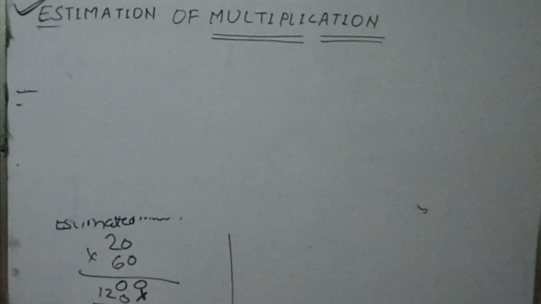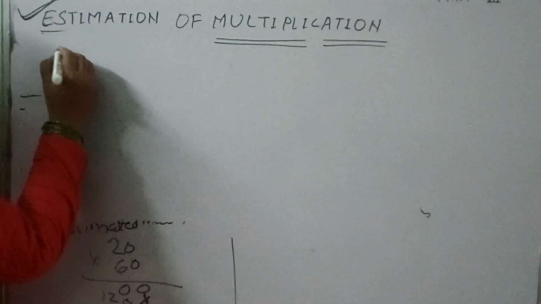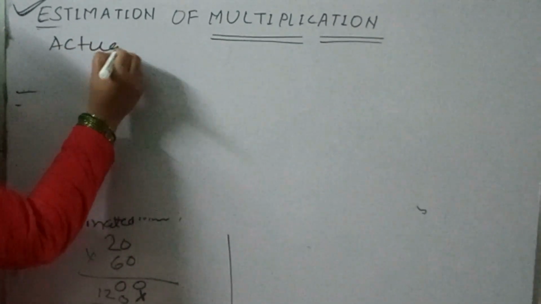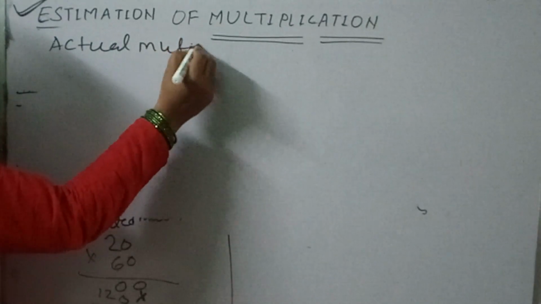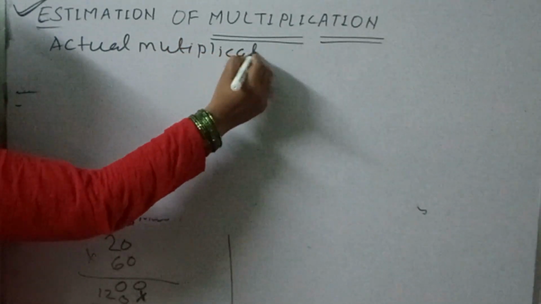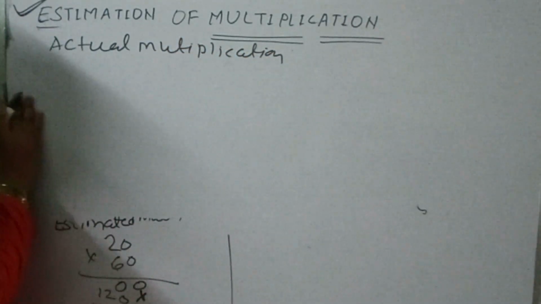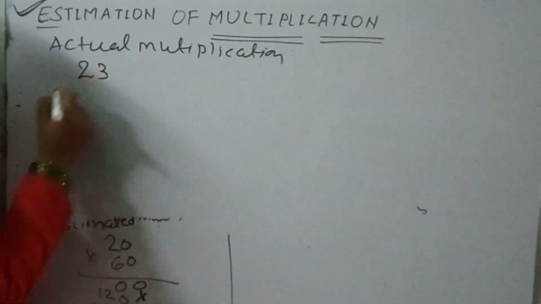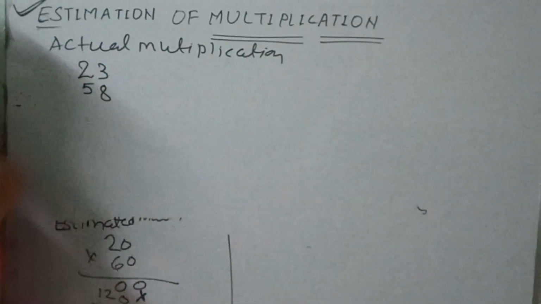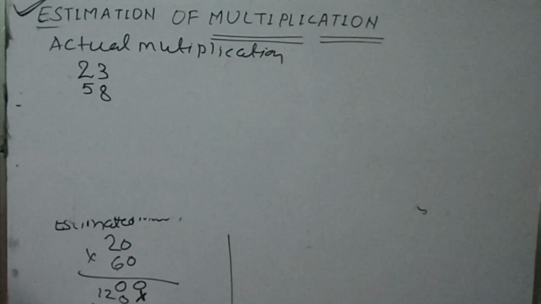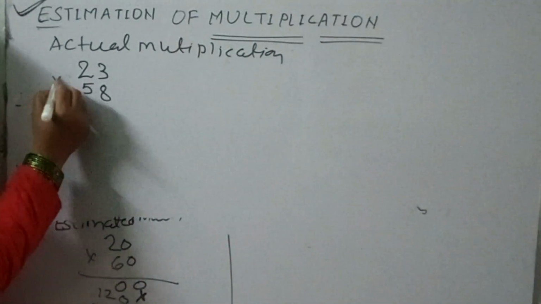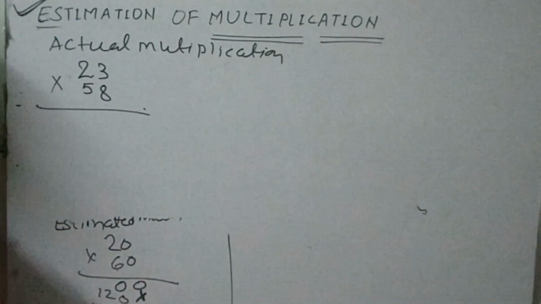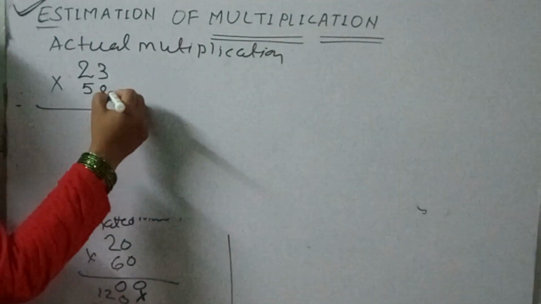What are the actual numbers given there? 23 and 58. So multiply these numbers for the actual multiplication.